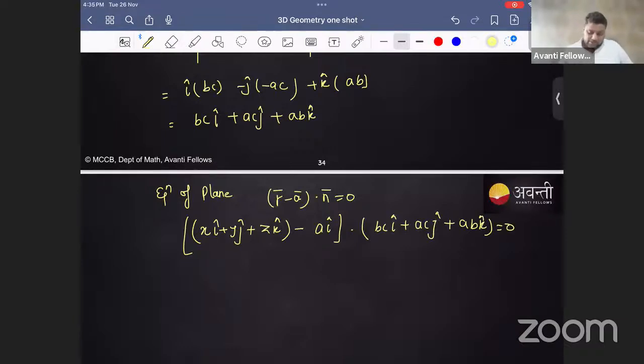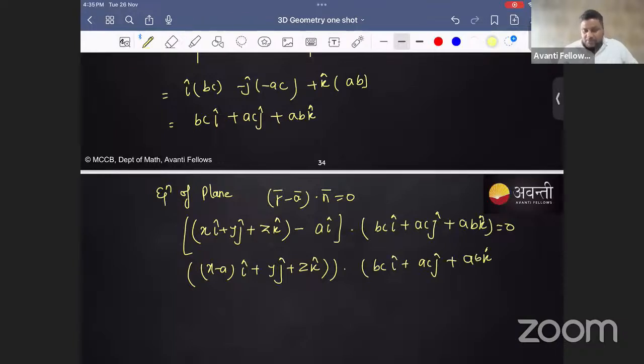Got it? So it will be x minus a i cap, plus yj cap, plus zk cap, dot ab k cap equals to 0. Am I clear?